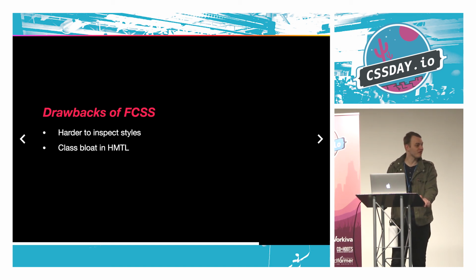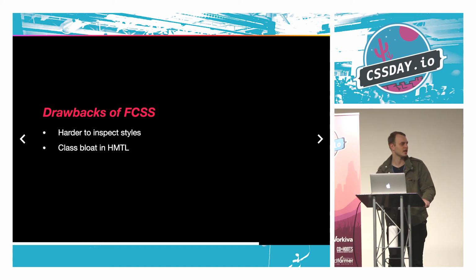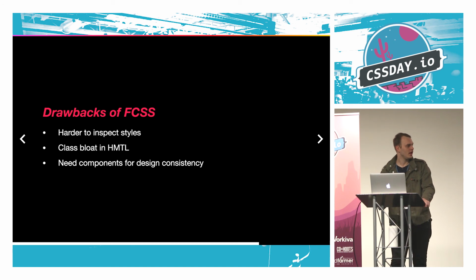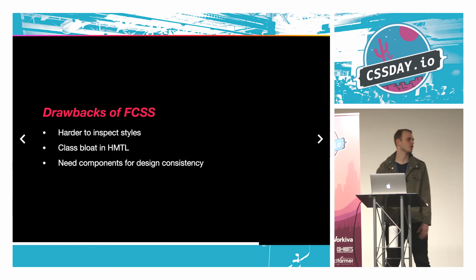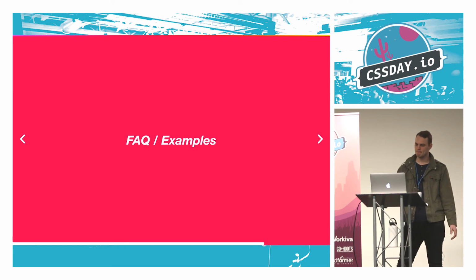But based on all of the research that I've done, when you have a lot of classes, it doesn't actually influence your performance in a noticeable way. And then you need components for design consistency. So if you want to use this methodology, you really need components to package them up and reuse them effectively. Otherwise, you're going to try and maintain a huge string of classes throughout your code base, and that can get out of hand. So these are potential drawbacks of functional CSS.